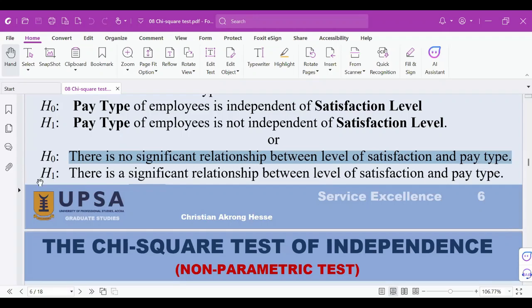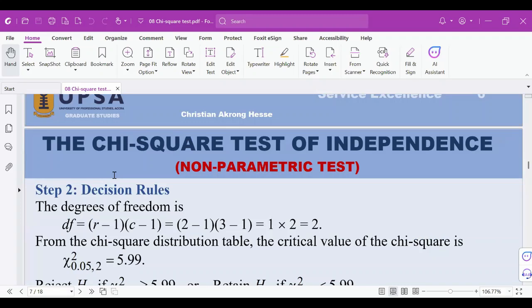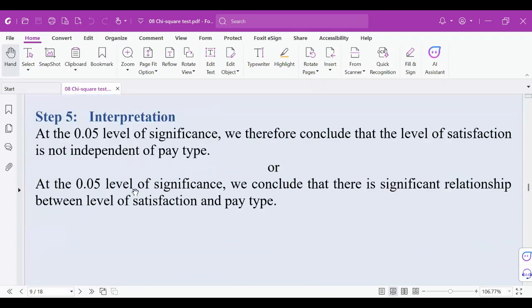So if H0 is rejected, you use H1 for your conclusion. That is it. So that's what I've done for the conclusion or the interpretation. So we say that at the 0.05 level of significance, we conclude that there's significant relationship between level of satisfaction and pay type.